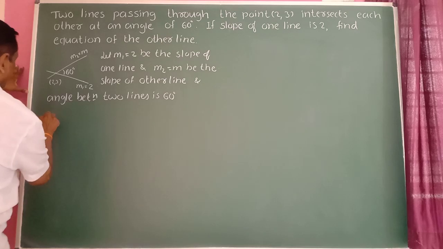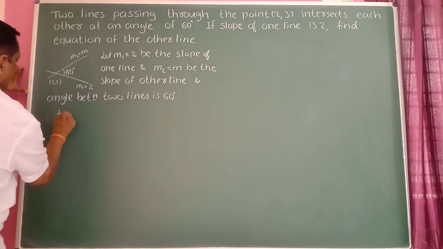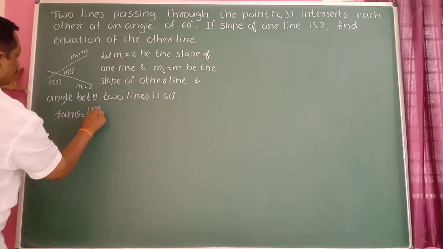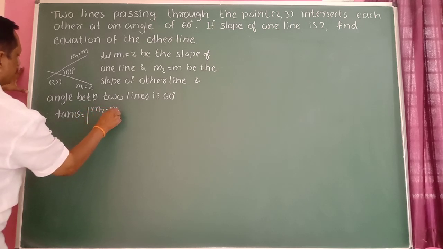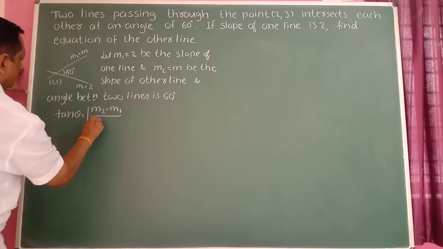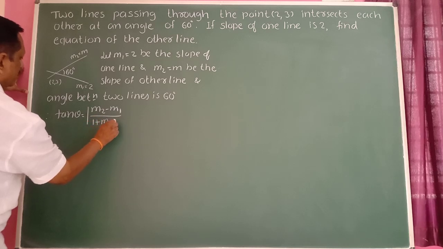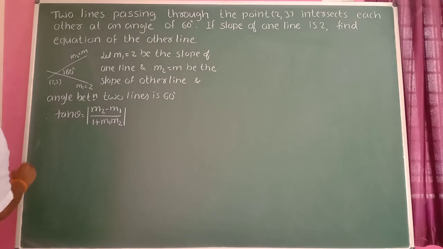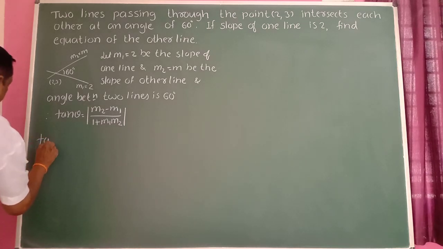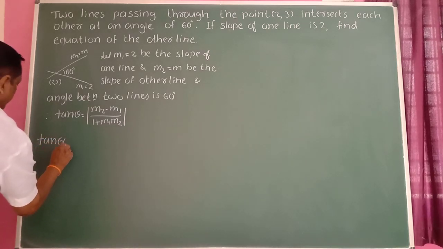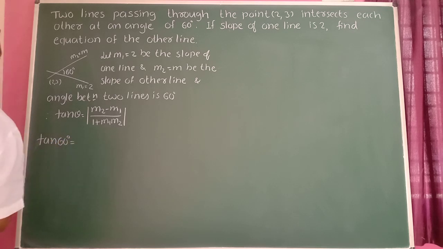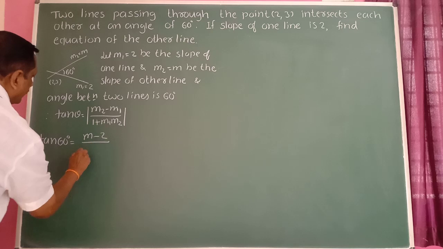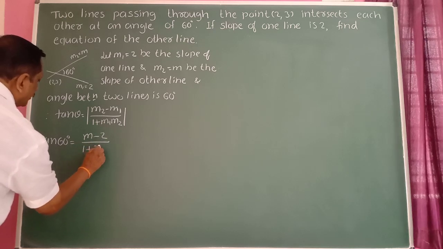Therefore, you know the formula: tan of theta is equal to modulus of m2 minus m1 divided by 1 plus m1 into m2. This is the formula. So tan of 60 degrees is equal to m minus 2 divided by 1 plus 2 into m.